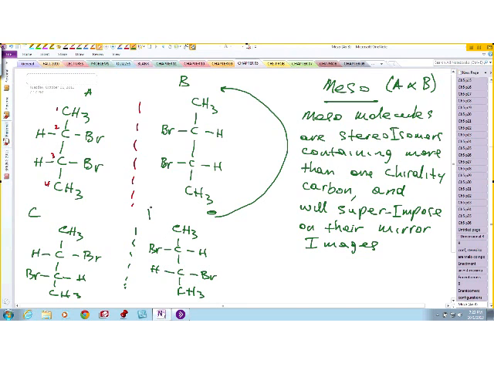We call this C and we call this D. You find that C and D are enantiomers. What is the relationship between A and C? Configurational diastereomers. Exactly. Very good.